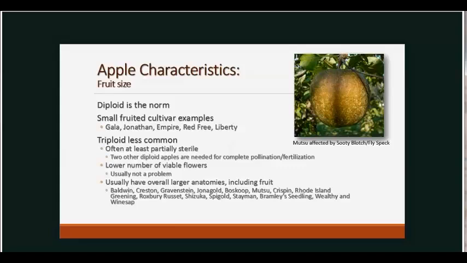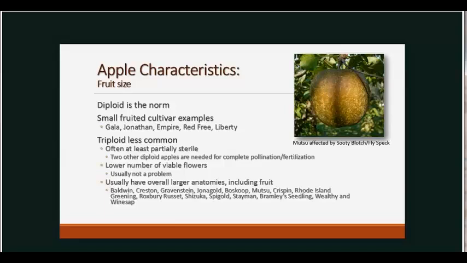Because the triploid is pollen sterile, it can't pollinate anything. So you need 1 tree that has overlapping bloom to pollinate the triploid, but you need another tree to pollinate the pollinizer itself. So you need a few more trees just to have it.